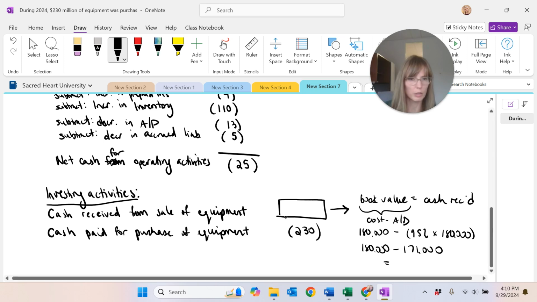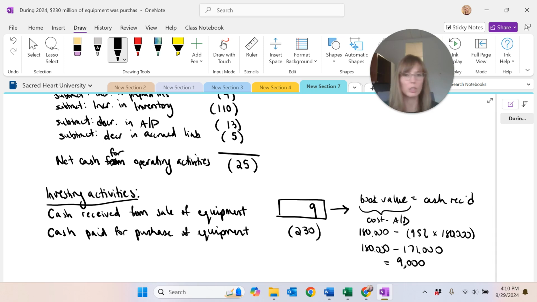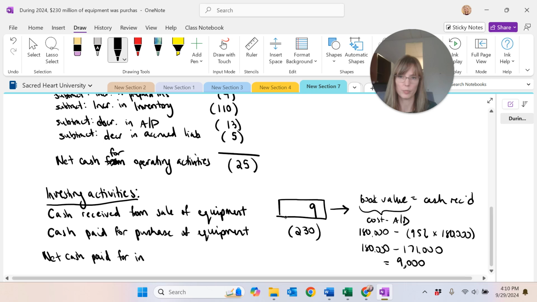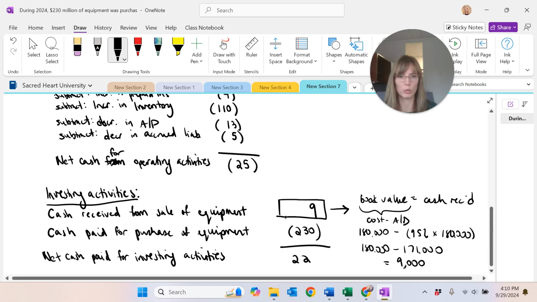The equipment had a book value of 9,000 and there was no gain or loss on the sale, so we sold it for 9,000. So we received 9, we spent 230 in the investing section. And there was nothing else. So our net cash paid for investing activities is 221 million.